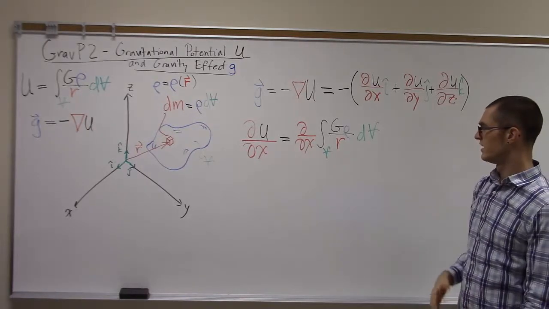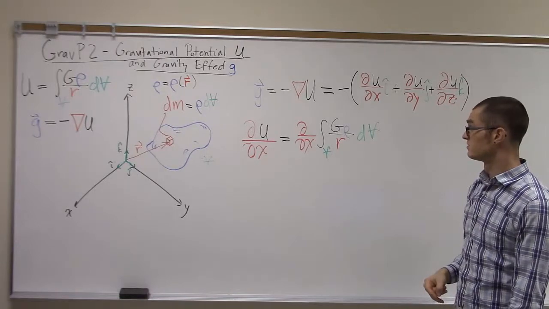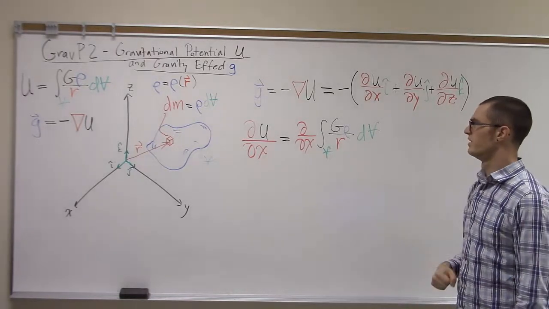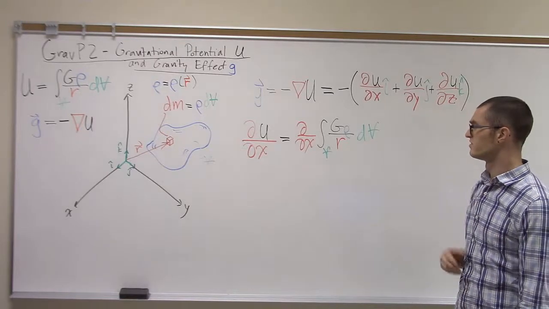Now, if we at this point just leave rho as some arbitrary density distribution, then we can't really go any further without defining what rho is. So we would have to stop here.